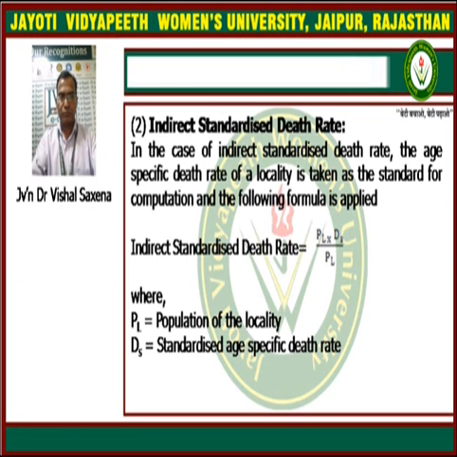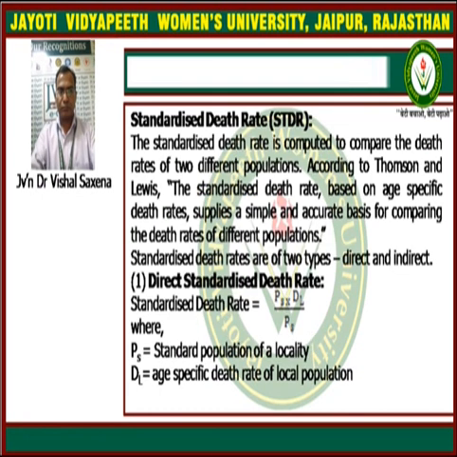And if we have to find the standardized death rate, in simple words, the standard death rate for a particular age group, then we can just use this formula in which PS into DL upon PS is there, where DL means the age specific death rate of the local population, while the PS is showing the standard population of the locality.